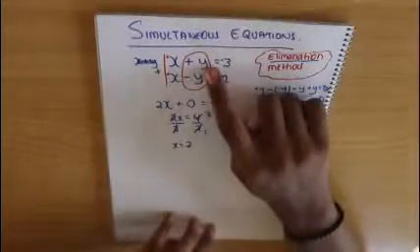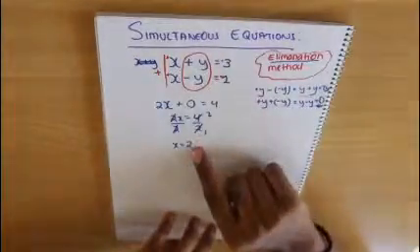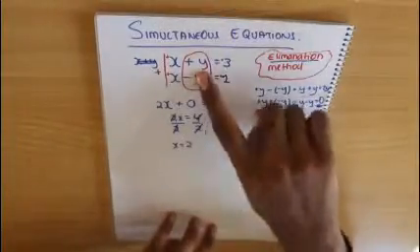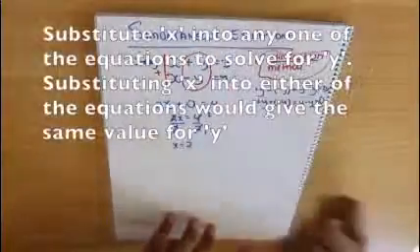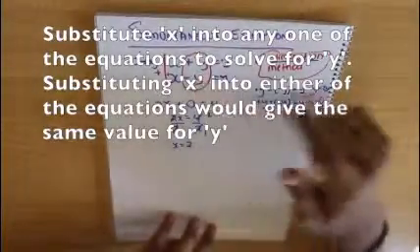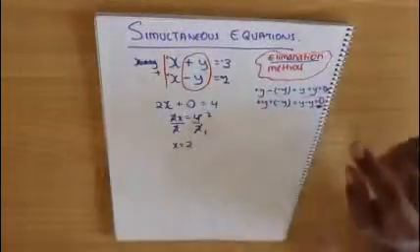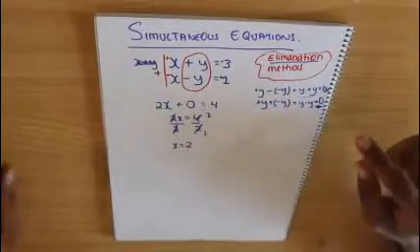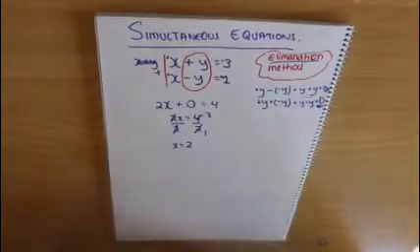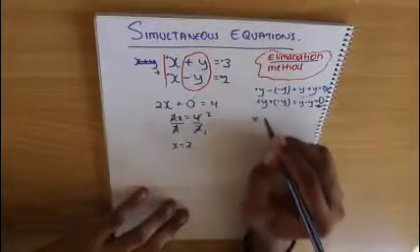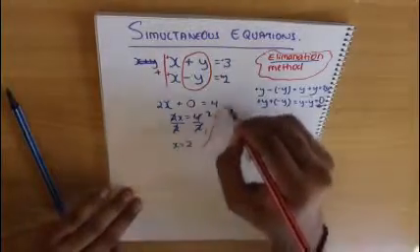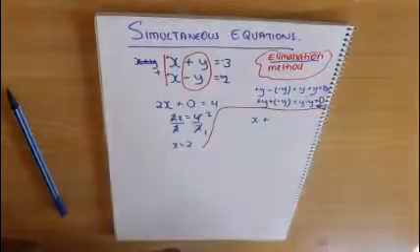To find our second variable, we will bring x into any equation that's given to us. There are two equations, so we can bring x into the first equation or into the second equation. Usually, I prefer to use the first equation. So we'll write it down first, and let me just make a gap over here so you don't get confused.